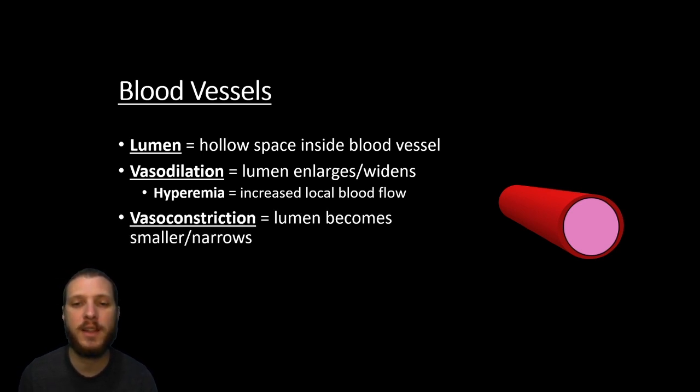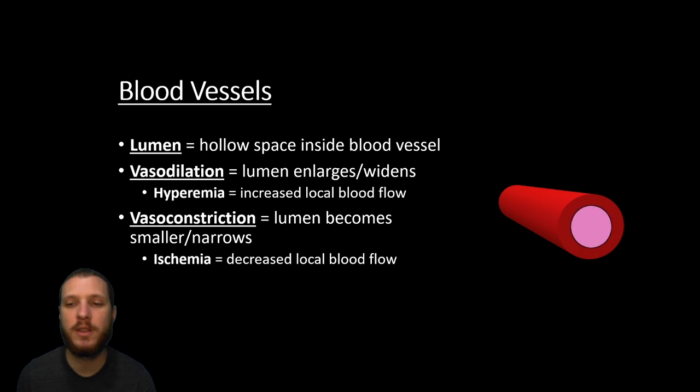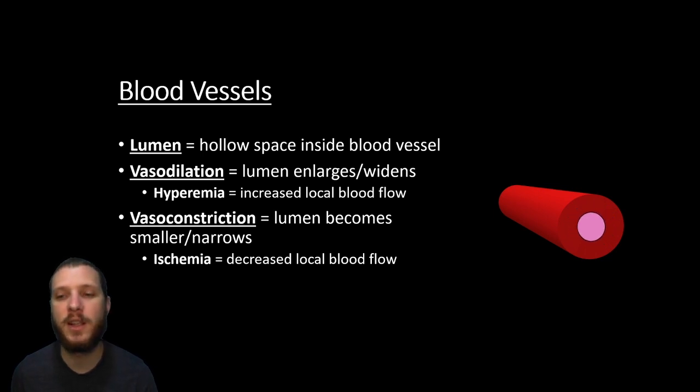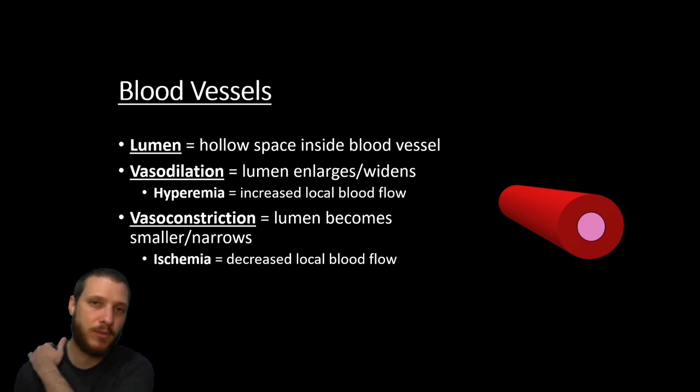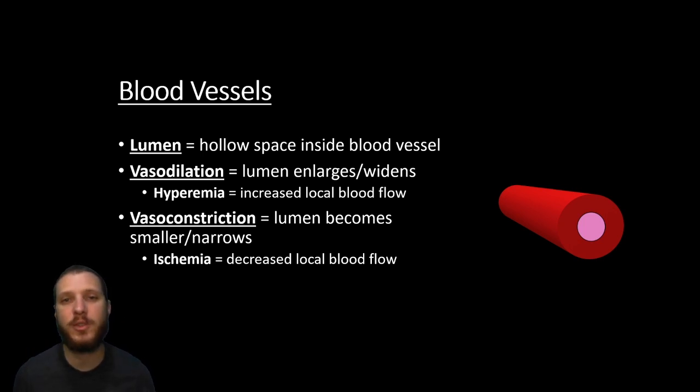In contrast, if that lumen becomes smaller, this is known as vasoconstriction, and this is what leads to ischemia, or decreased local blood flow. If you remember, when you do massage, we can cause a hyperemic response if we massage the area, and you'll see that increase in red tone on the skin. We're trying to combat ischemia, so we're trying to bring blood flow to ischemic areas.